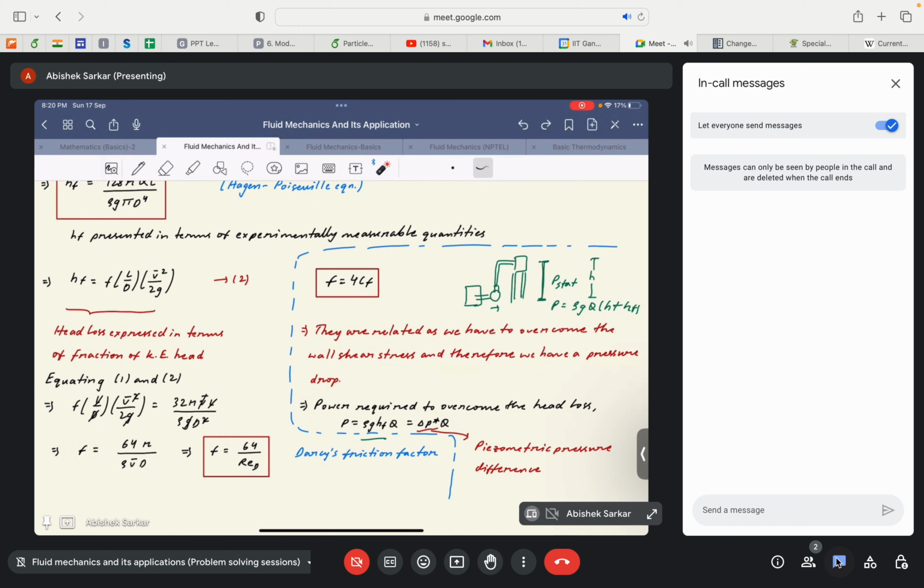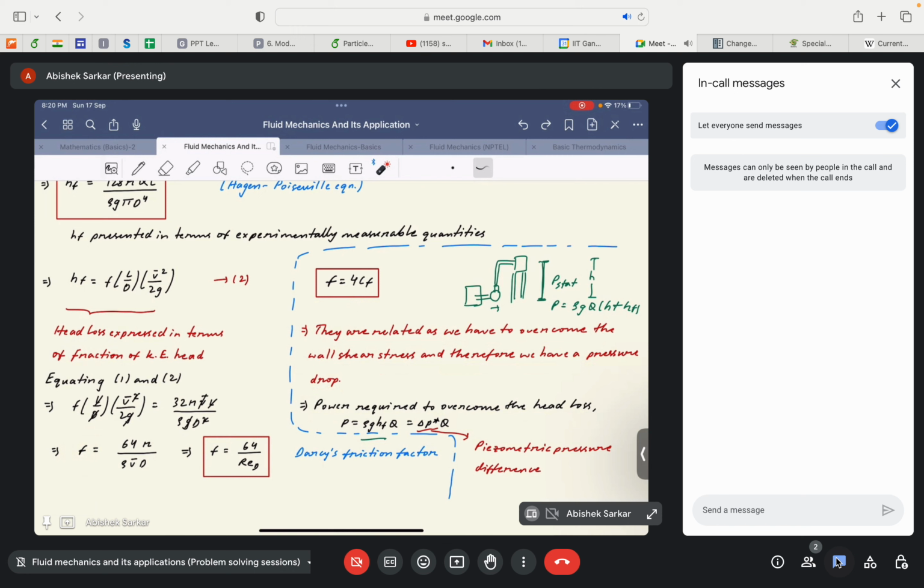Thus, in order to overcome these shear stresses or pressure losses, we use some additional equipment to boost up this pressure head, which are known as pumps.